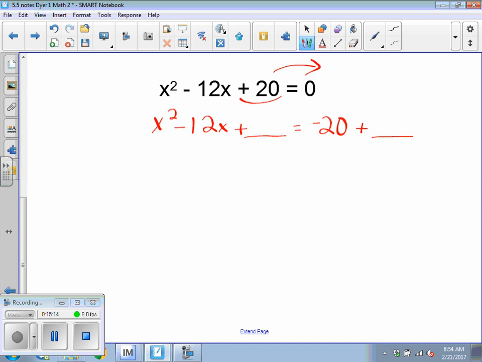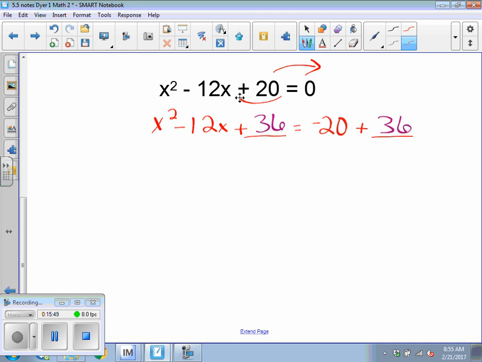So now, what C should go here? 36. Plus 36, right? If I had plus 36, that would make this a perfect square trinomial. Everyone agree? Half of B is 12. Half of 12 is 6. 6 squared is 36. So if I add 36 to this side, it's okay as long as I add 36 to the other side as well. Everyone agree? This is called completing the square.